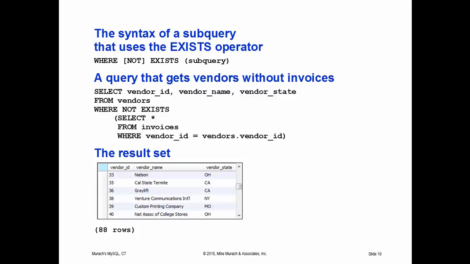All right, the exists operator tests whether the subquery returns a result set. In other words, it sees whether a result set exists. When you use the operator, it doesn't actually return a result set. Rather, in this case, it returns true because there are some results.